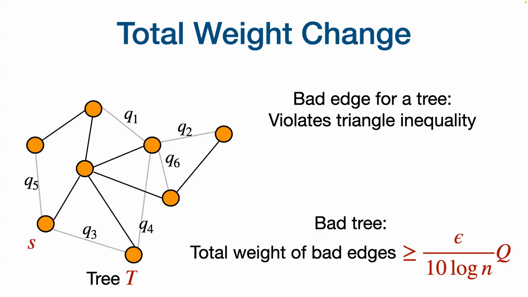Okay. So you have these QE values already. A bad edge would be something where you're violating triangle inequality for a specific tree. And a bad tree would be something with a lot of bad edges, as in the total weight of these bad edges is large. Okay.